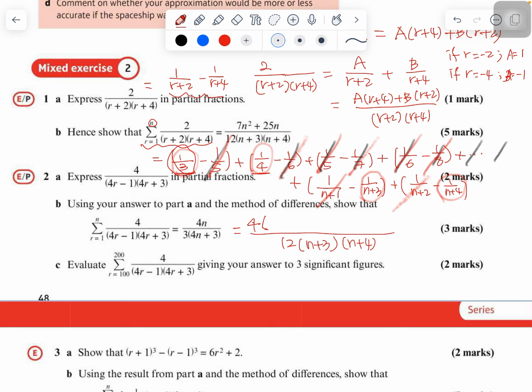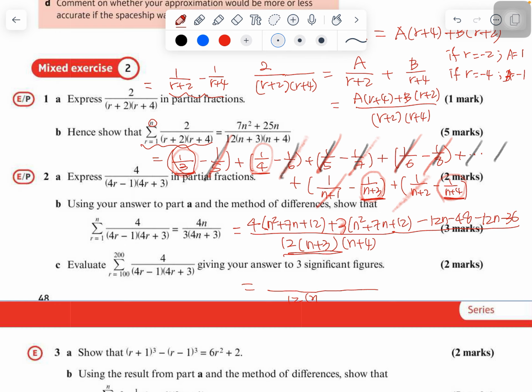To save time, let me expand it as I wrote down: 4 times n squared plus 7n plus 12, plus 3 times n squared plus 7n plus 12, minus, since we already have n plus 3, we need 12 and n plus 4, so 12n plus 48, minus, since we have n plus 4 already, 12n plus 36.